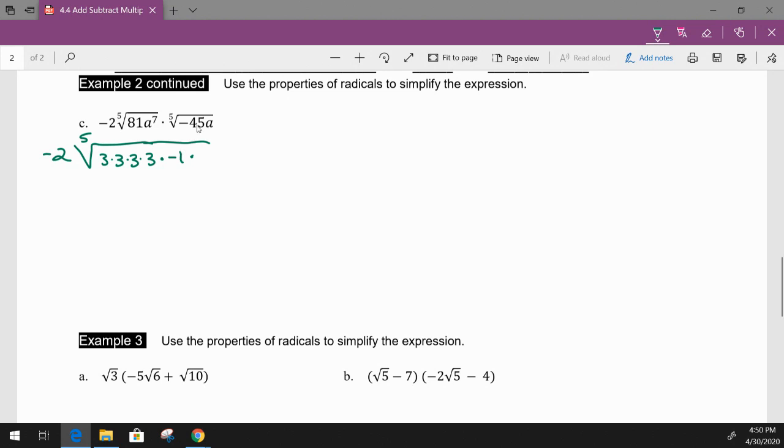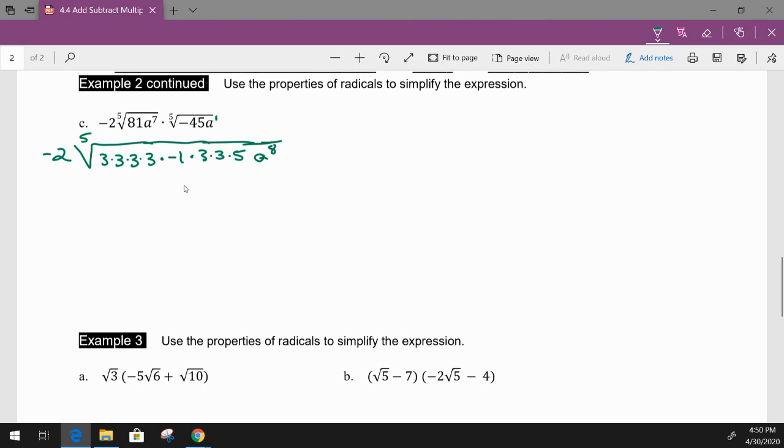And then 45 can be factored into 9 times 5, 9 which can be factored into 3 times 3 times 5. So the -1 times 3 times 3 times 5 would be -45. Now the variables, I'm going to go ahead and multiply them together right away. I've got a to the 7th times a to the 1st, which would be a to the 8th.